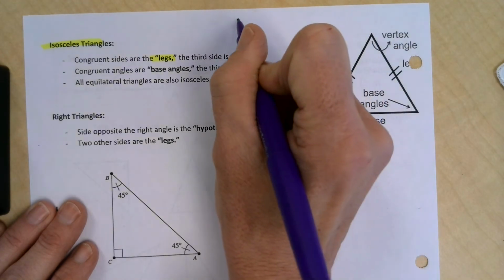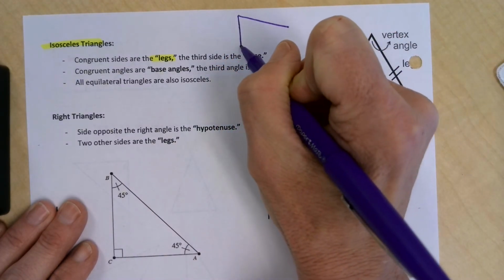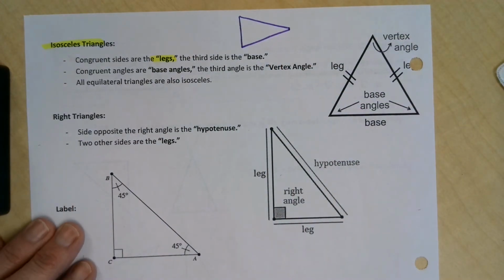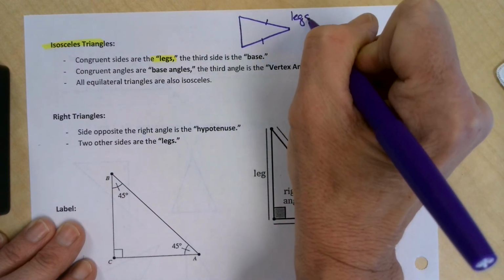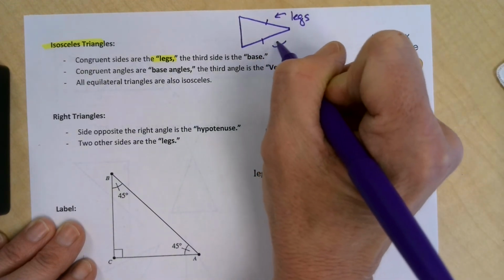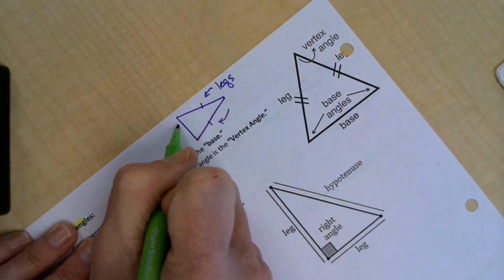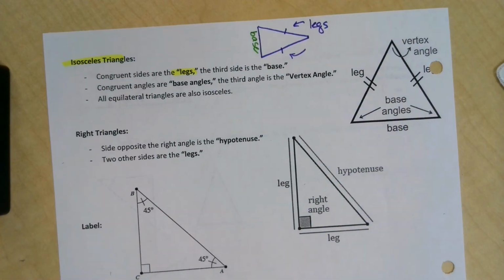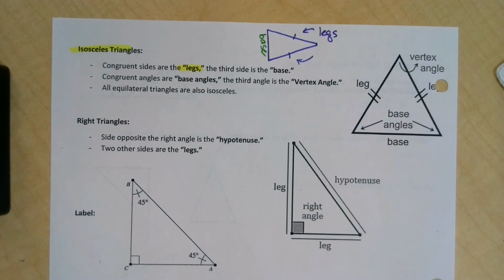Do me a favor, please, and draw an isosceles triangle that's tipped over, opposite from what you usually see, and make sure that you understand that it doesn't matter where the base or the legs are. The two sides that are congruent are the legs, and that third side is the base.